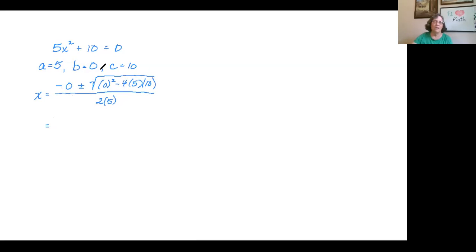B can be 0 and or c can be 0. A can't be 0 because if it is, you don't have an x squared, and so it wouldn't qualify as a quadratic at all.